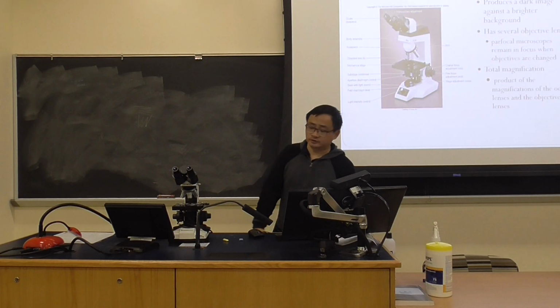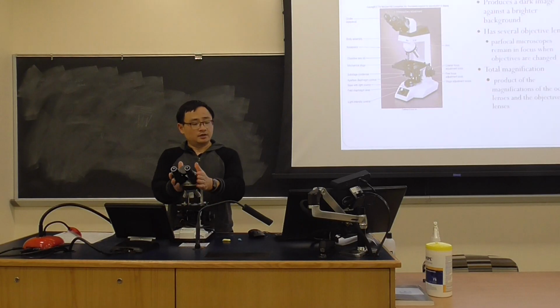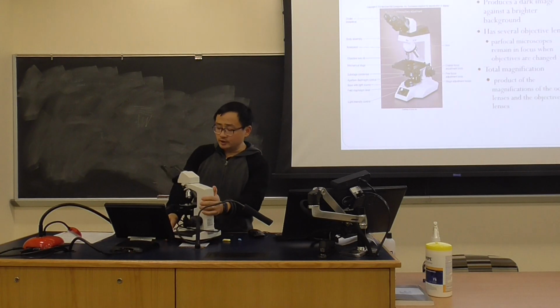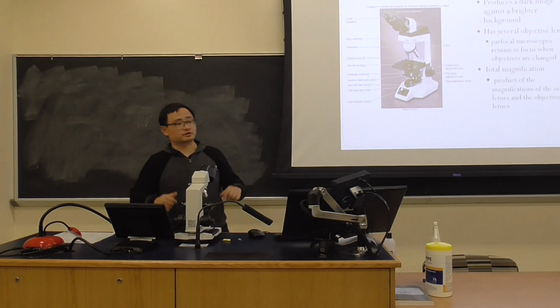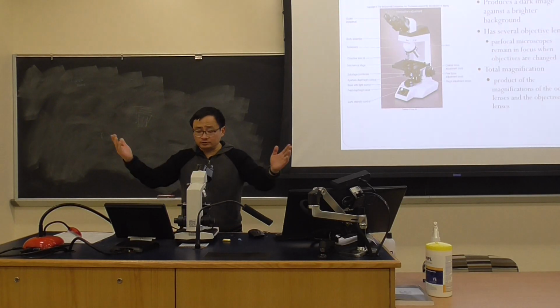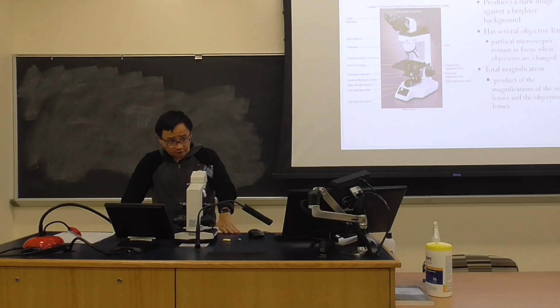Okay. Let's go here. Bright field microscope. So first question, what is the most important part of a microscope? It's always the lens. This whole thing may be $2,000. The lens could be $500 to $1,000 because it's the most valuable part. And there are two lenses. What are the two lenses?